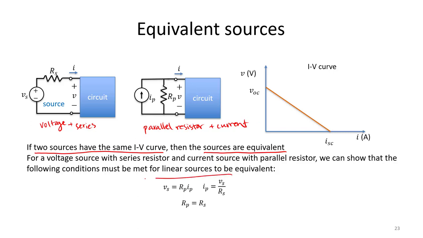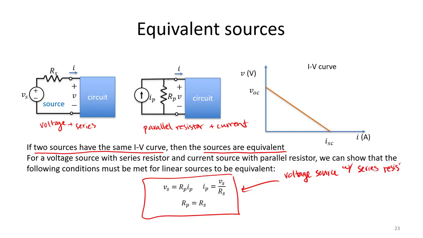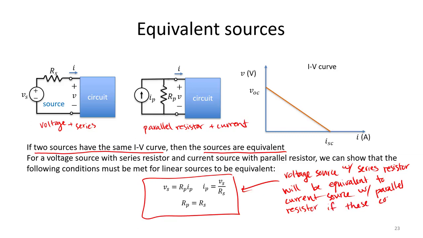And we can show that a voltage source with a series resistor will be equivalent to a current source with a parallel resistor if these conditions are met.